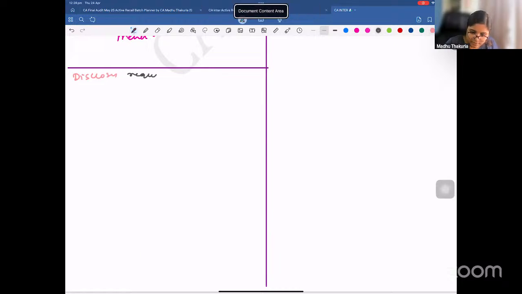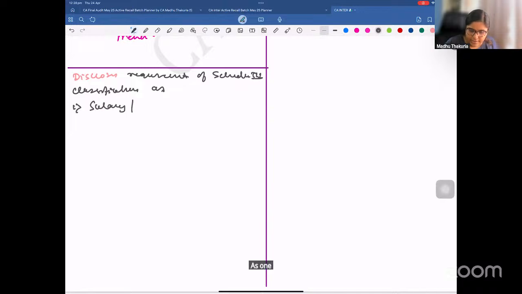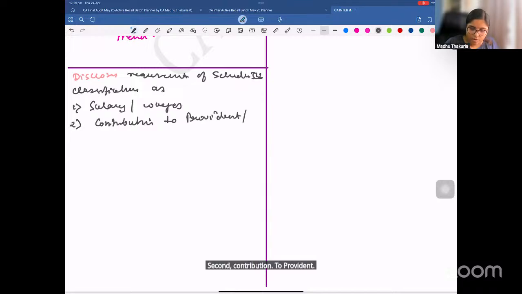Disclosure requirement of Schedule 3. Classification as 1. Salary and wages. 2. Contribution to provident or other funds.